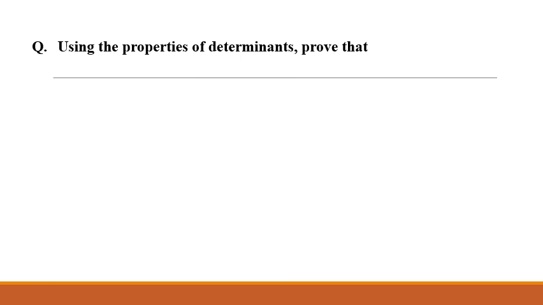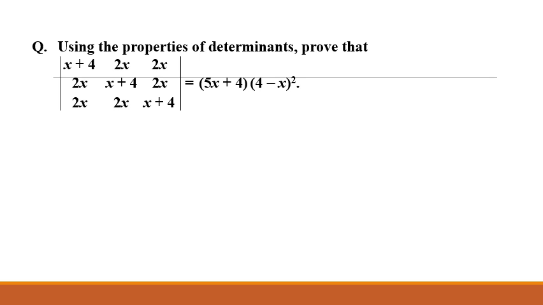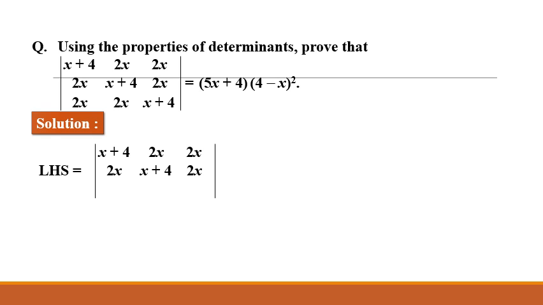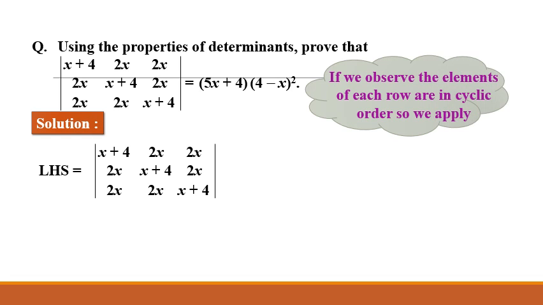Next, using the properties of determinants, prove that the determinant with rows x plus 4, 2x, 2x; 2x, x plus 4, 2x; 2x, 2x, x plus 4 is equal to (5x plus 4) into (4 minus x) whole square. So solution, again we start by considering the LHS. In this particular determinant, all the diagonal elements are same as well as the non-diagonal elements are same.